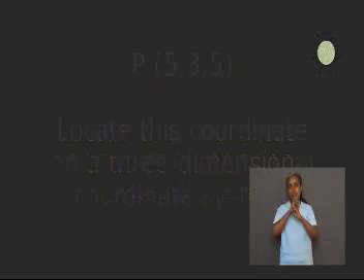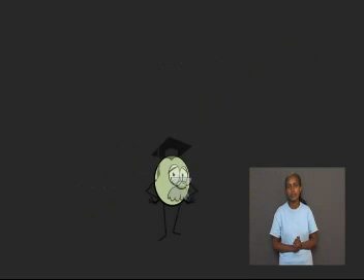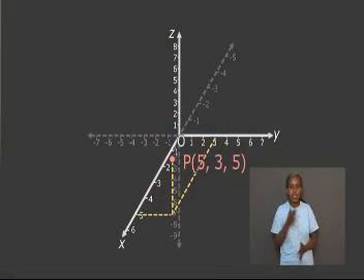Time's up. Let's get back to our lesson. Welcome back, students. If you used the same technique to locate point P as we did earlier for point B, I will bet that you had no trouble.